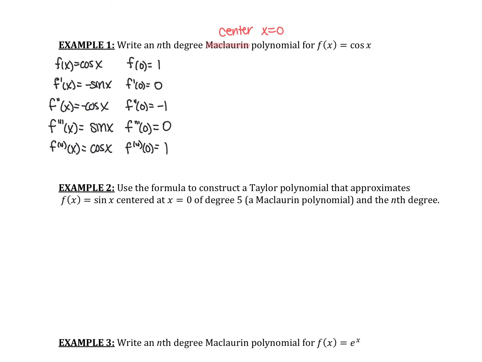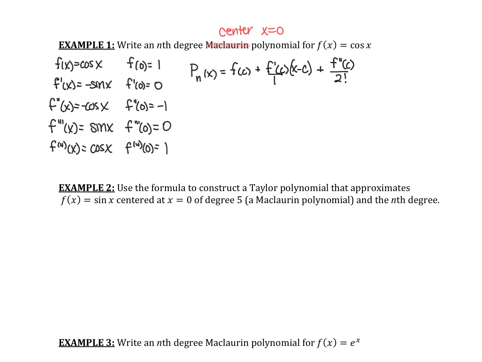So if I start building this series, I'm going to call it P sub n of x because I don't know how many terms I'm going to go out. I'm going to start by filling in the formula. Remember, the formula said, using the Maclaurin, we're going to take f of c, and our c is 0, plus f prime of c times x minus c, plus f double prime of c over 2 factorial times x minus c squared.